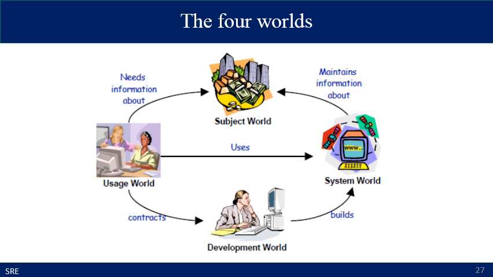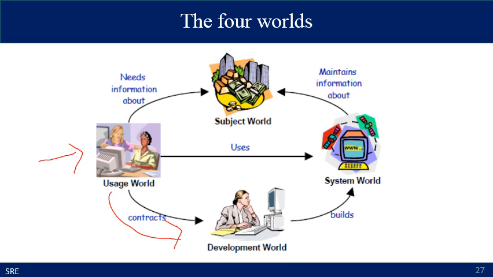So software development is usually carried out in four worlds, referred to as usage world, subject world, system world, and development world. Whenever a new functionality is desired, the user or usage world contacts a development world to create a new functionality.